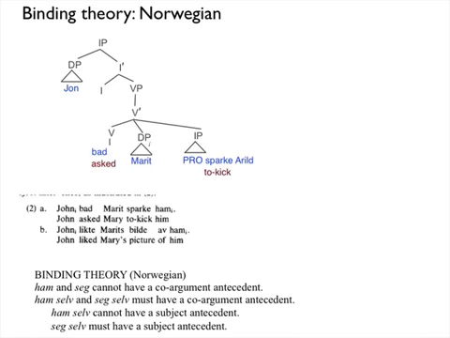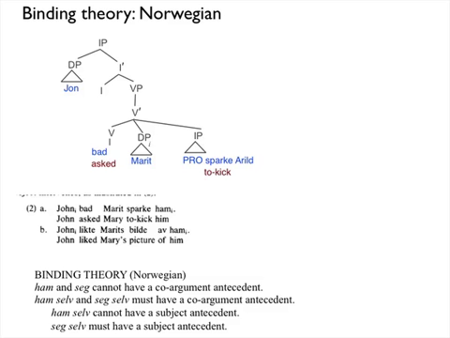Okay. Now, we have to look at embedded infinitival clauses to see how it all works. So again, it's really important. It's going to turn out to be a critical matter in Norwegian, kind of like it is in English, right? If you have an infinitival complement clause versus when you don't, you get different scenarios. So that's going to be one factor: are we co-arguments or not? If we're co-arguments, is our antecedent a subject or not?